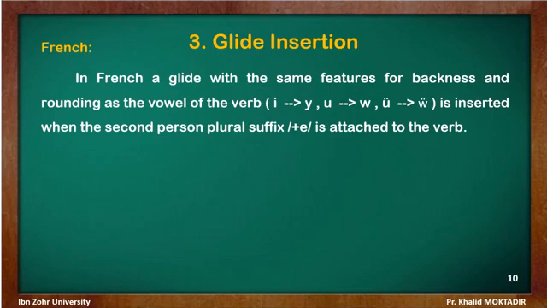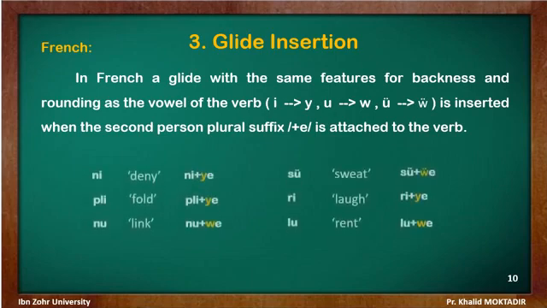That is, if the vowel of the verb is minus back, minus round, the glide that is going to be inserted has the same features. It's also minus back, minus round. If the vowel is plus back, plus round, as in u, for example, the glide that is going to be inserted next to that vowel is the glide w with the same features for backness and rounding. Look at the examples.